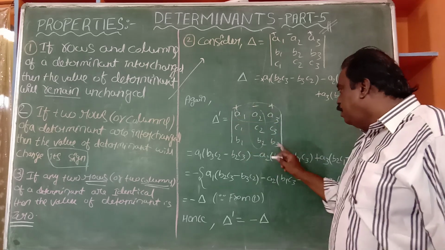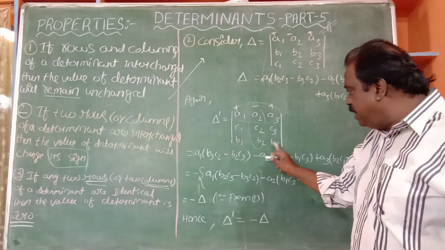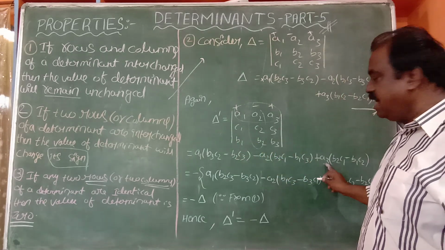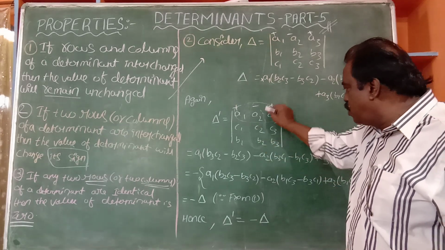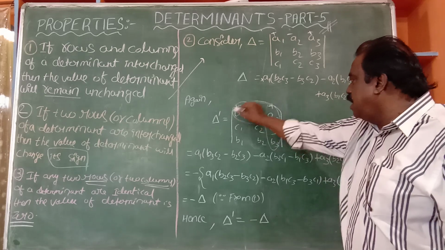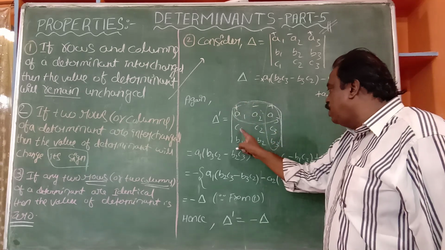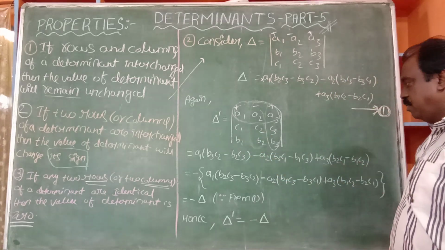We get B3 C1 minus B1 C3, plus A3 of, the row and column deleted, then we get these 4 elements, B2 C1 minus B1 C2.